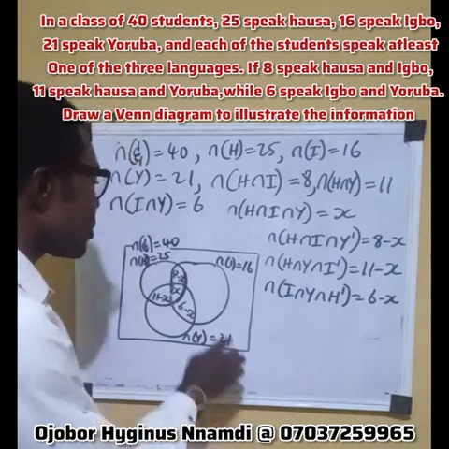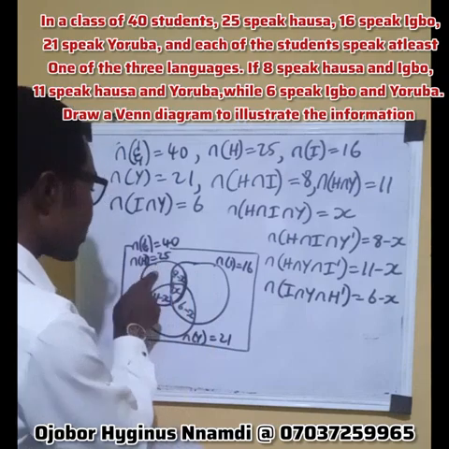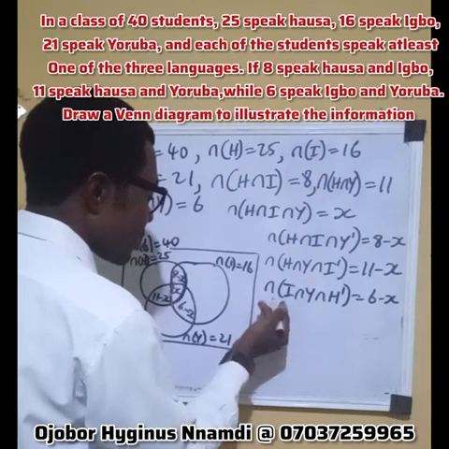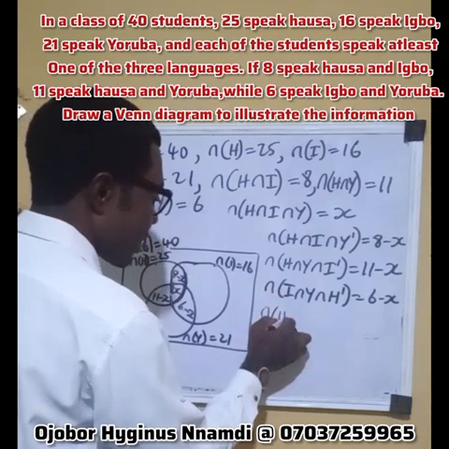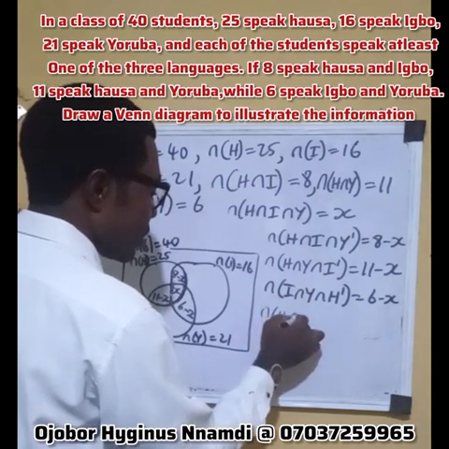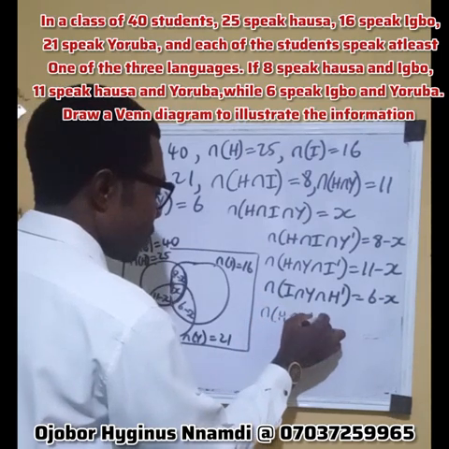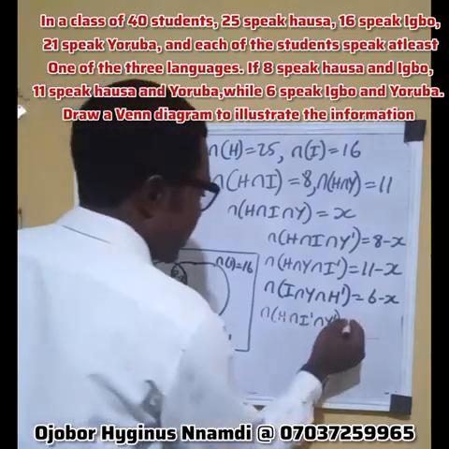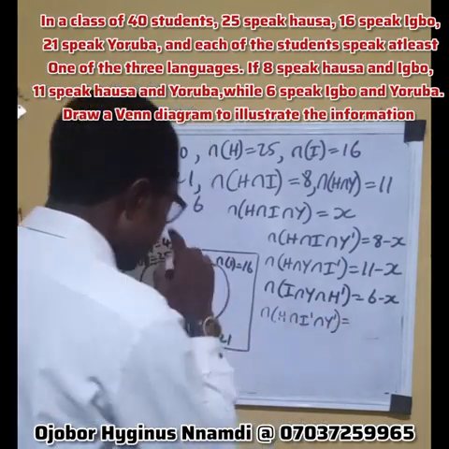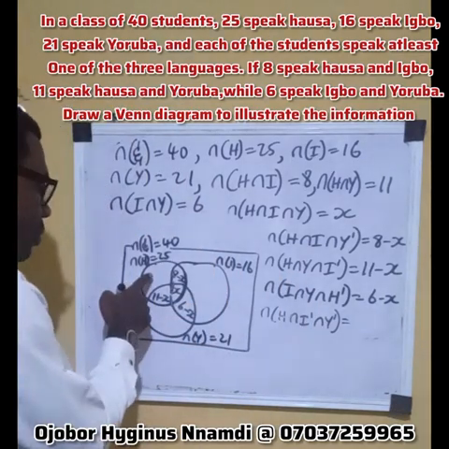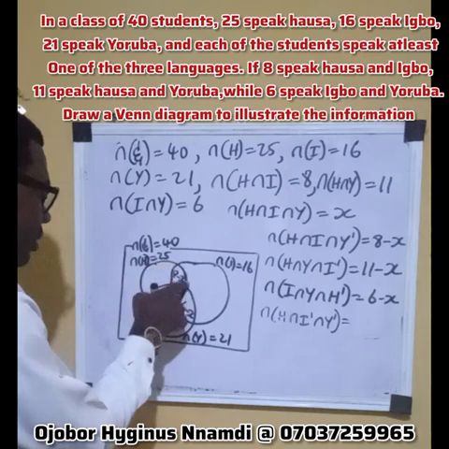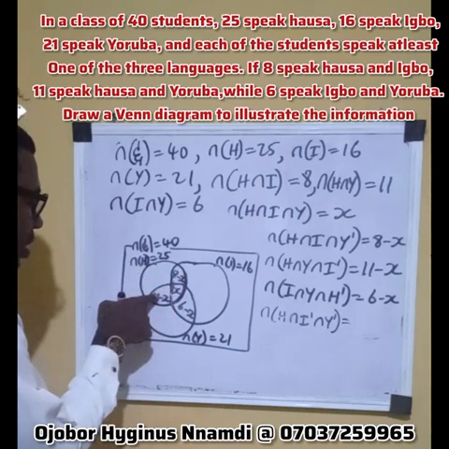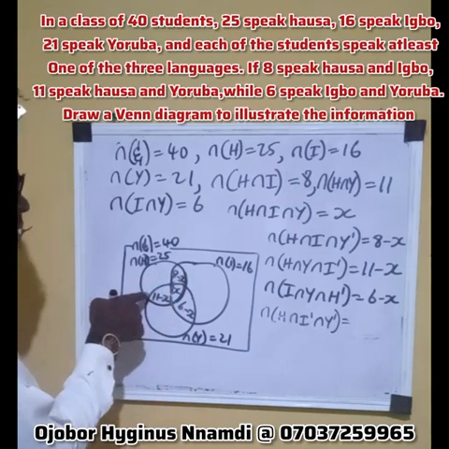Okay, so how do we get those that speak Hausa only? Number of Hausa only means number of Hausa, but not Igbo and not Yoruba. And that's equal to 25, because 25 involves the entire circle, minus what is in here and what is here and what is here, because this is also part of the circle.